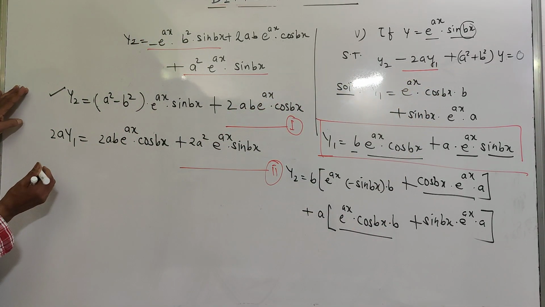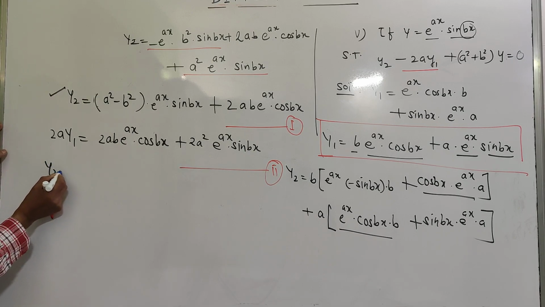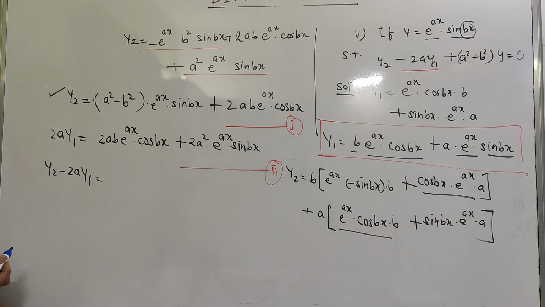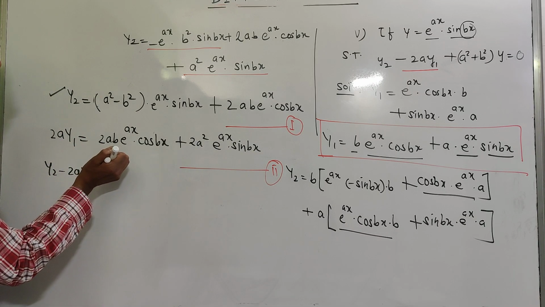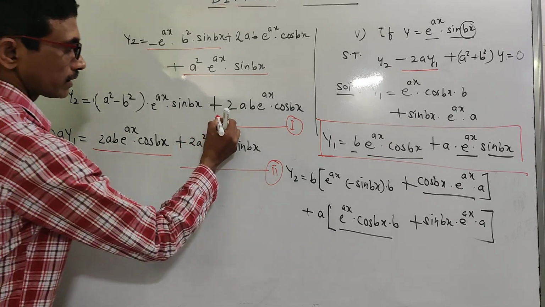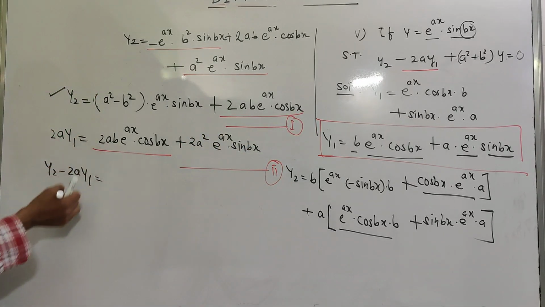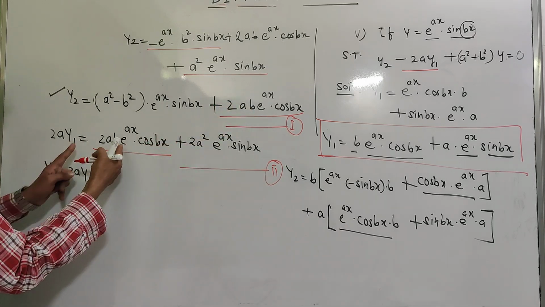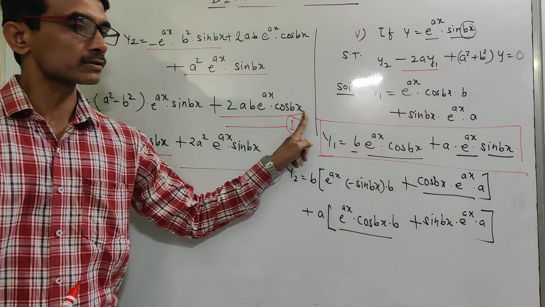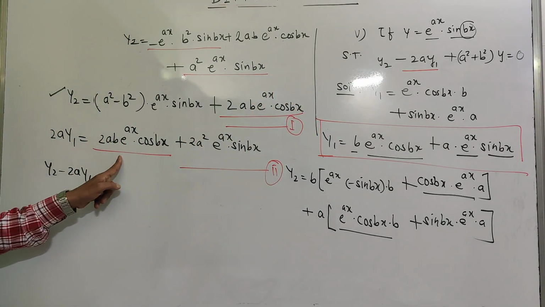So our left hand side will become y2 minus 2a y1 is equal to, clearly this 2ab e raised to power ax cos bx, and this will get cancelled if we subtract. So 2ab e raised to power x cos bx and 2ab e raised to power x cos bx, this is getting cancelled.